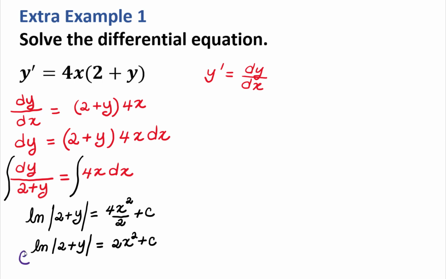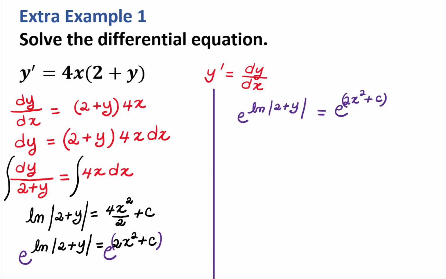We're going to take the exponential of both sides, and when we do, ln absolute value of 2 plus y will be 2 plus y.